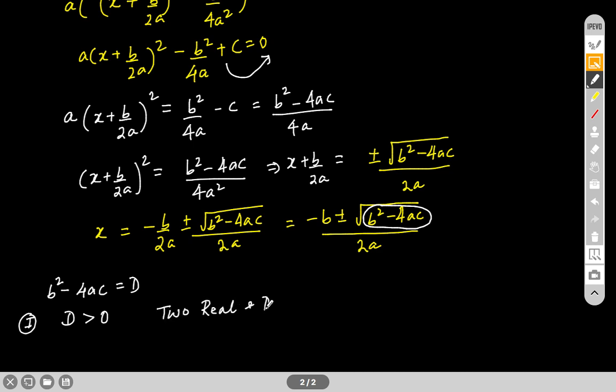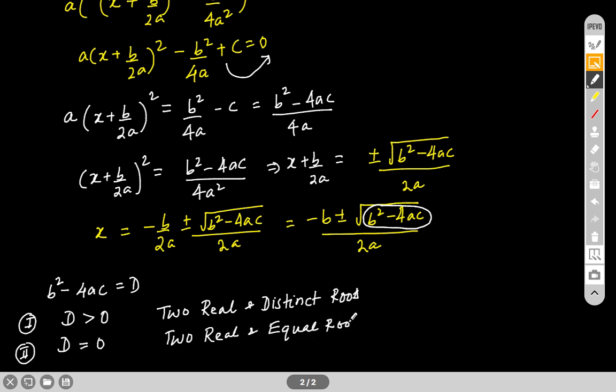If it is equal to 0, you have two real equal roots. And the third scenario is if d is less than 0, you'll get imaginary roots.